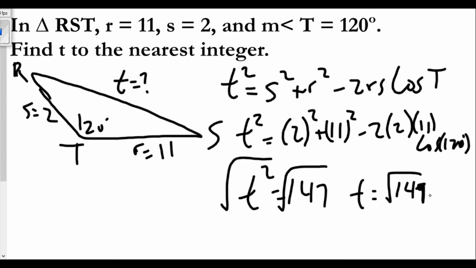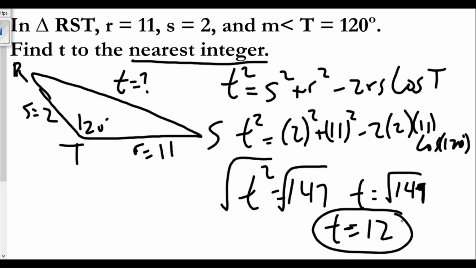But here's the thing, okay? I really am not looking to simplify. I'm looking for the nearest integer, okay? And we said in this case, the nearest integer would be 12, okay? So that's our answer. So yeah, you could simplify it. If it says give the exact value, then I definitely recommend you simplify the square root of 147. All right? So 147, not 149.